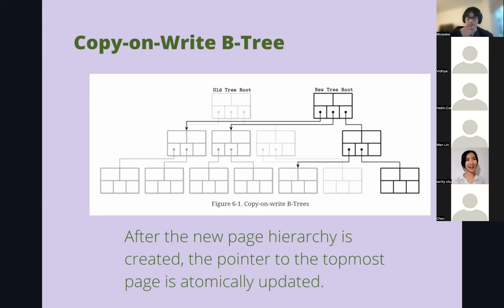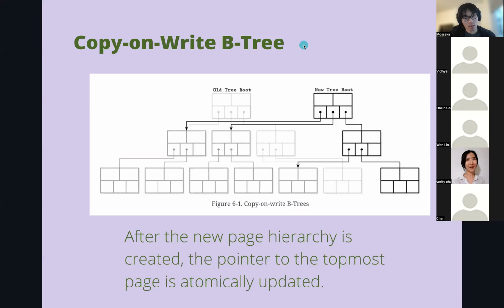From the right-hand side, as you can see, there is the new tree, and from the left-hand side, the light gray nodes are the current B-tree, right? While there are new writes happening, they go to the bolded black side of this graph. Once that is complete, which means the new page hierarchy is ready, the old tree root will get switched to the new tree root.